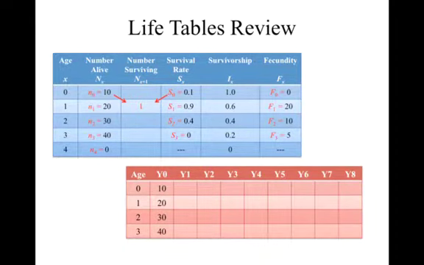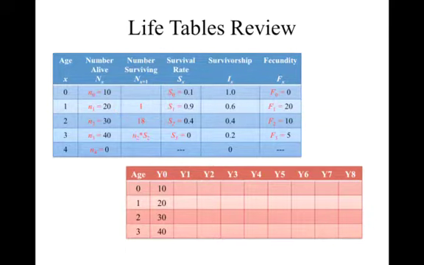And so I get one individual of age 1 the next year. If I want to know the number of age 2 individuals next year, I'm going to take the number of age 1 individuals this year, multiply it by the probability that they survive, in this case 90%, and so that's going to give me 18 age 2 individuals next year.